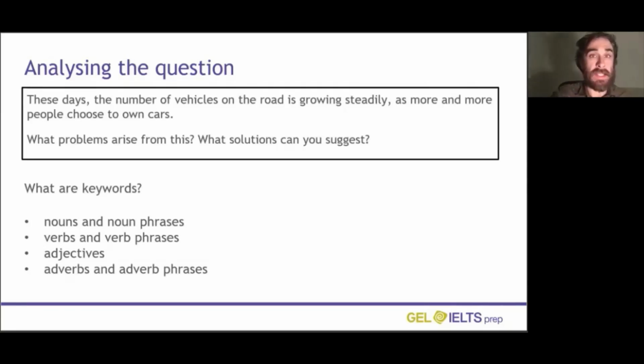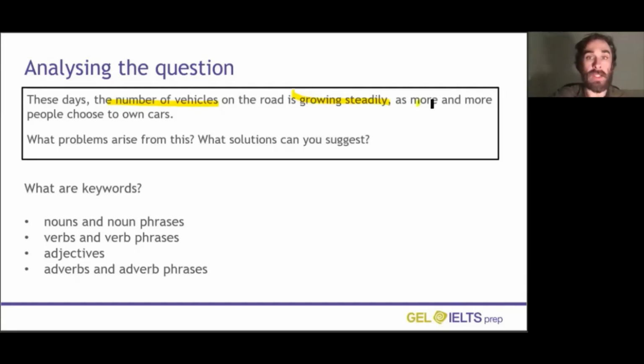We have these days. Well, that's just giving us a general background time expression, so that's not really a keyword. Number of vehicles on the road, well, that's just adding information about the vehicles. When we think of vehicles, we think of cars and trucks. This number is growing steadily, so that's the verb and the adverb describing what's happening to that number.